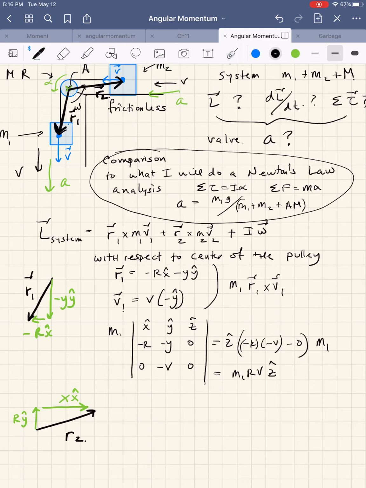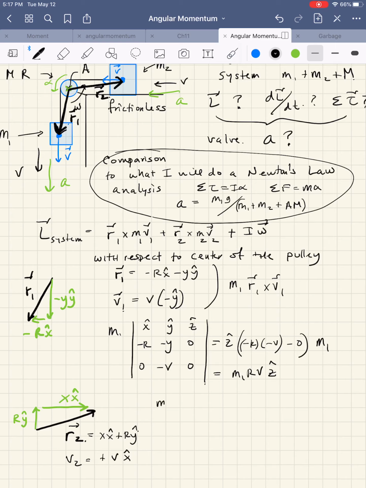Then the entirety of my r sub 2 would be represented as x x hat plus r y hat, where again, very similarly, I know this component is going to disappear in the cross product with v sub 2, which points also in the x hat direction. So v sub 2 is positive v in the x hat.